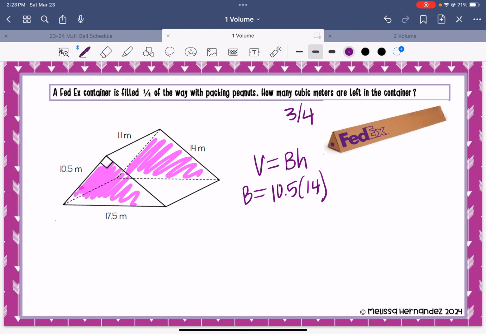You base times height and divide by 2. So when you go 10.5 times 14, you will get 147. But half of that will give us 73.5. This is just area of the base, meters squared. So what I'm going to do is I'm going to plug that in.